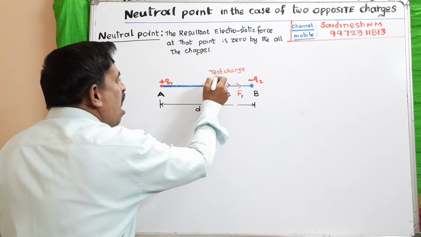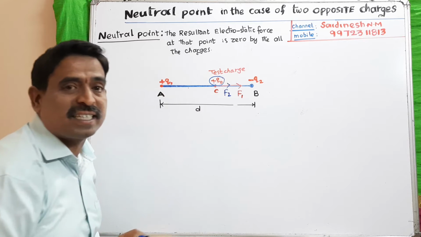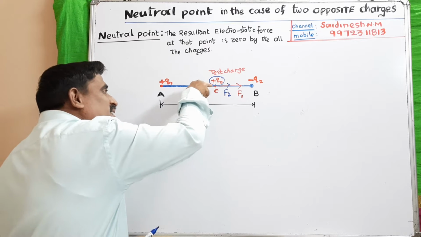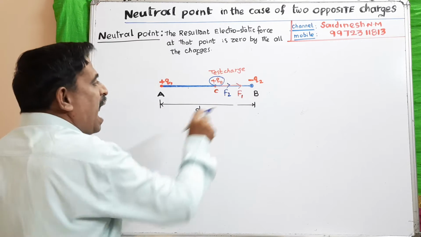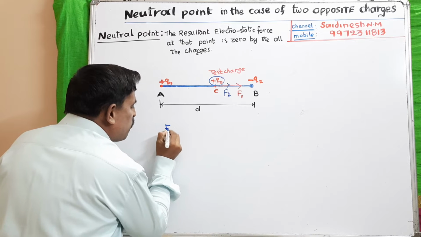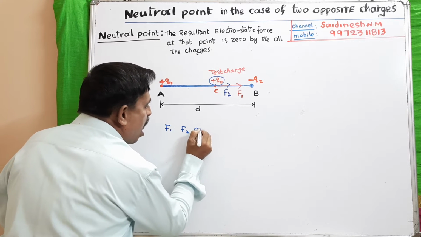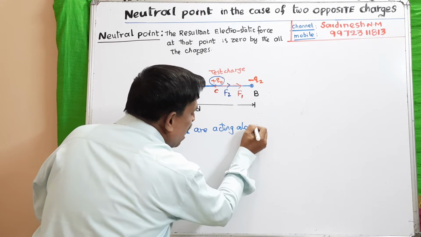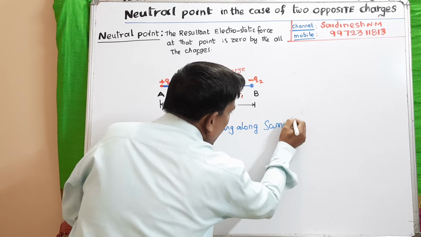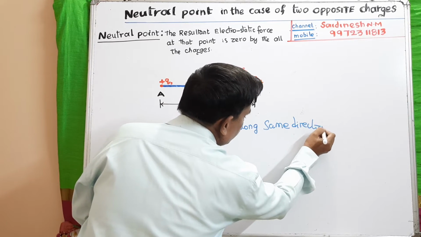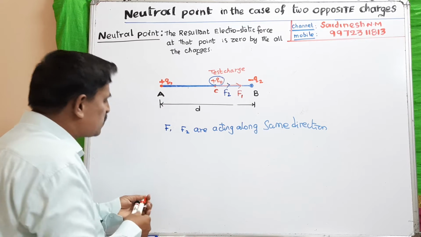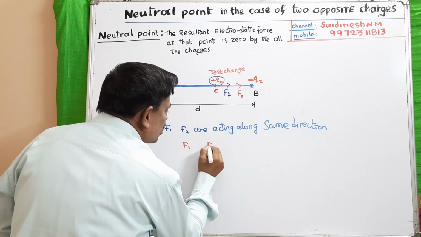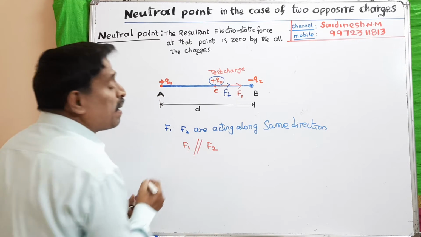On this positive test charge, two electrostatic forces are acting along the same direction, F1 and F2. Along the same direction means what? F1 and F2 are parallel.